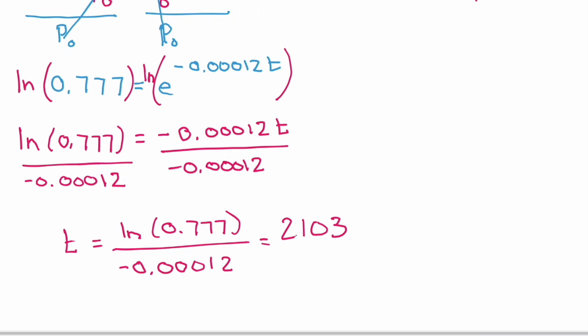So this is telling us that the time for this linen wrapping to get to 77.7% of its initial amount left was 2,103 years. So this is 2,103 years old.